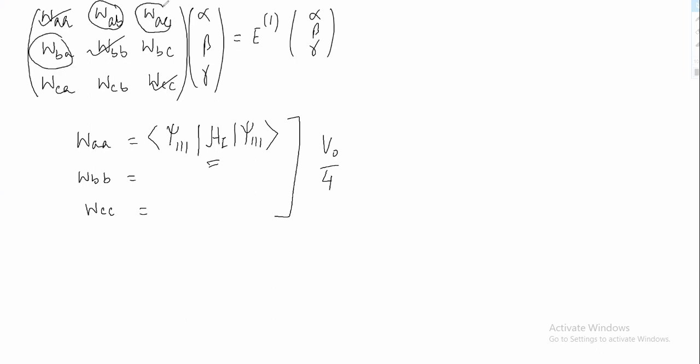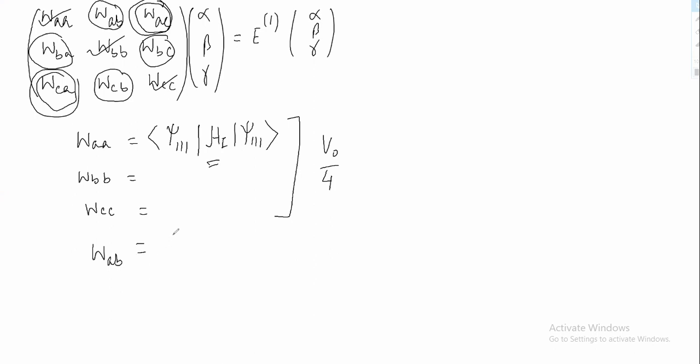Similarly, WAC is the conjugate of WCA and WBC is the conjugate of WCB. That means instead of the 6 remaining ones, how many are we supposed to solve? Only 3, sir. Only 3. Okay, now tell me what will be WAB?